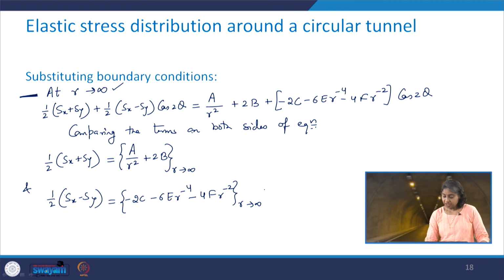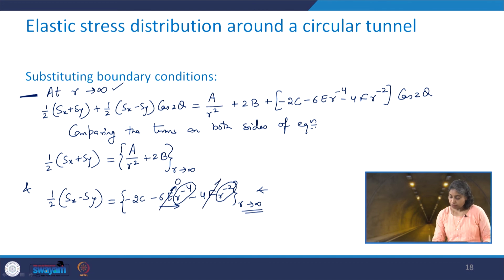Now, what will happen? Focus on this expression. Here r to the power minus 4 and here r to the power minus 2. So, when this r is very large or it tends to infinity, these two terms will become equal to 0.